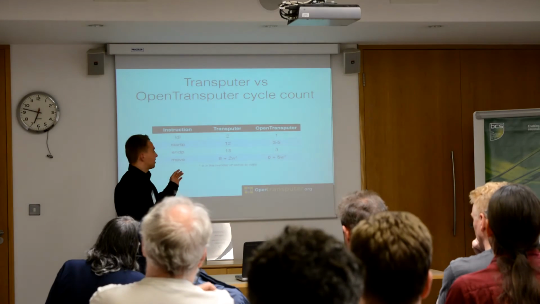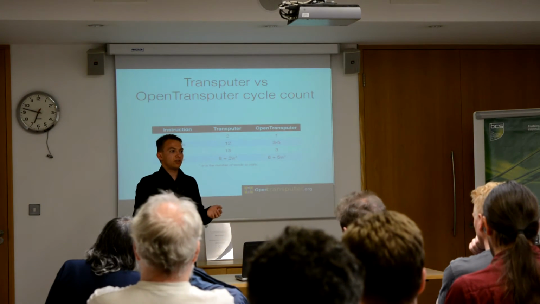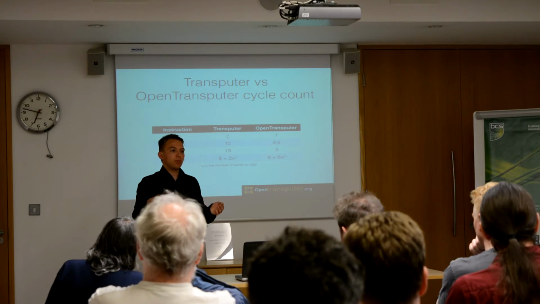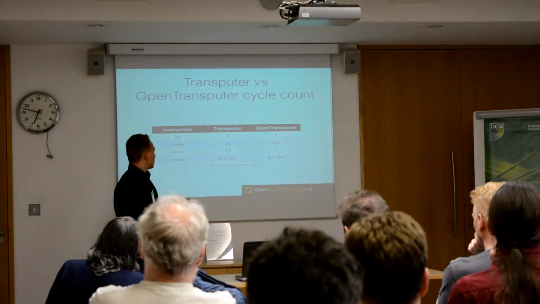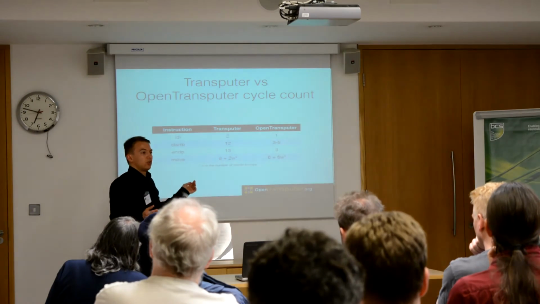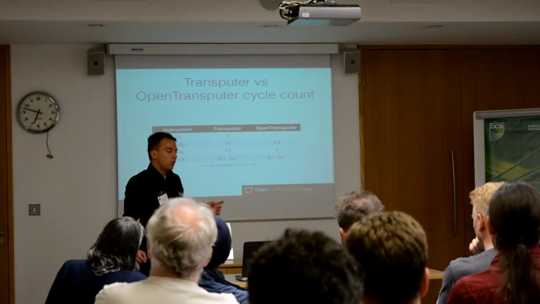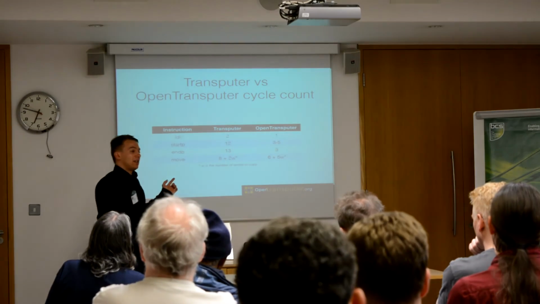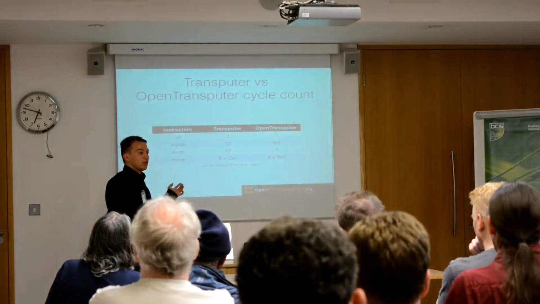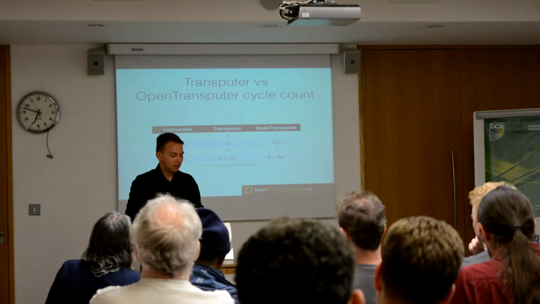In the original Transputer, when switching from a high priority to a low priority process, context would have to be stored in memory. We introduced new registers, shadow registers, where this context is stored, so we don't have to access memory. With the move instruction, we can actually see a performance degradation, and this is simply because we haven't optimized this part of the design yet.